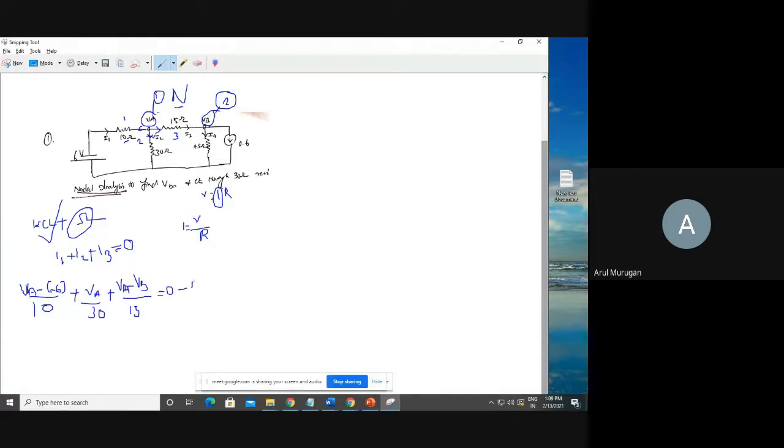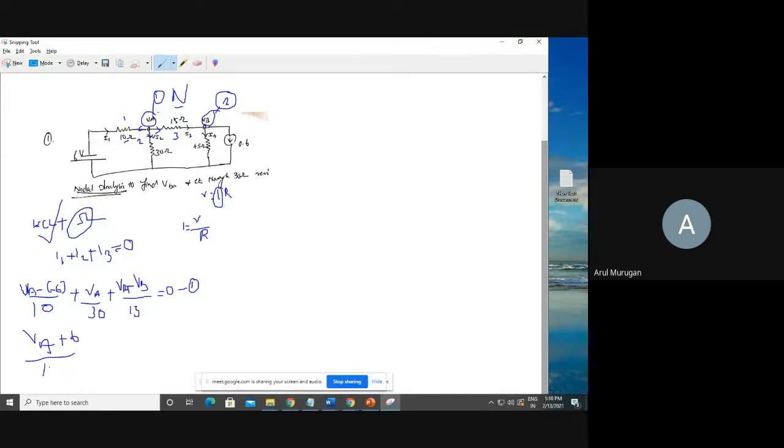Here VA is there, VB is there. Write it separately, neatly, in the next two steps. First one, VA minus into minus 6, so you get VA plus 6, correct or not, divided by 10.